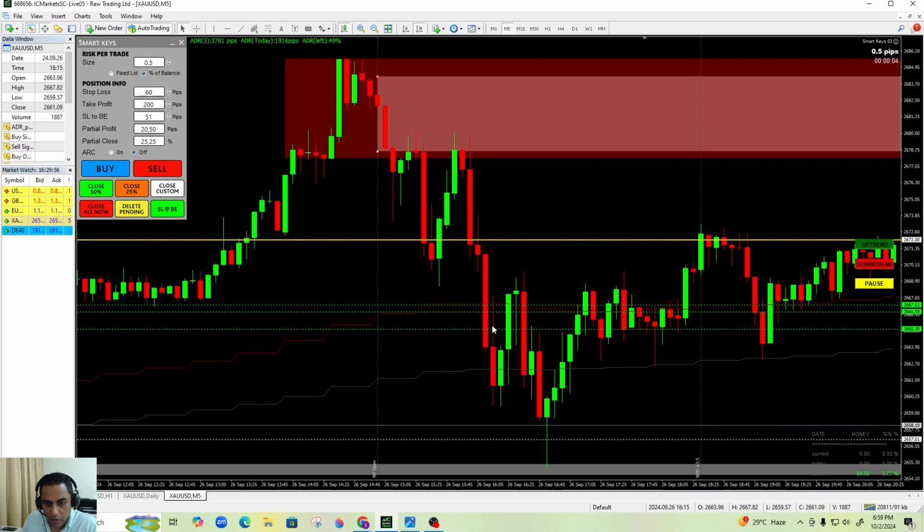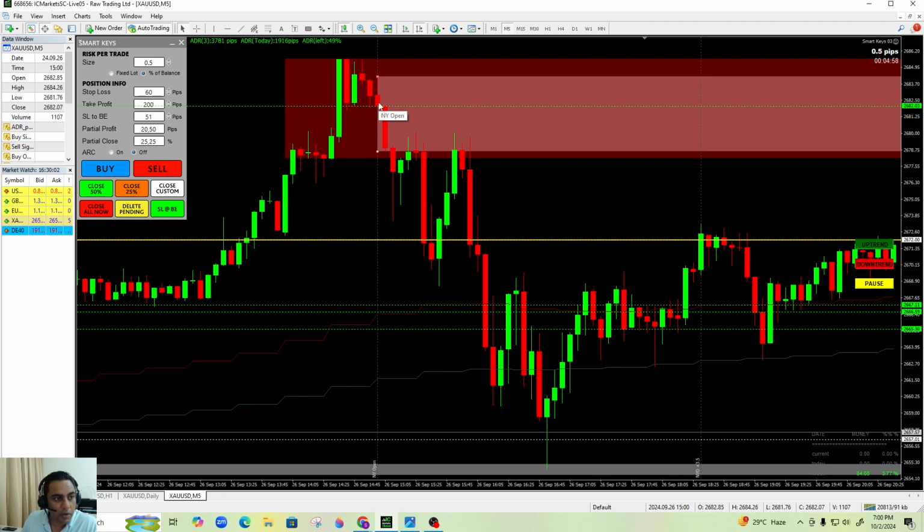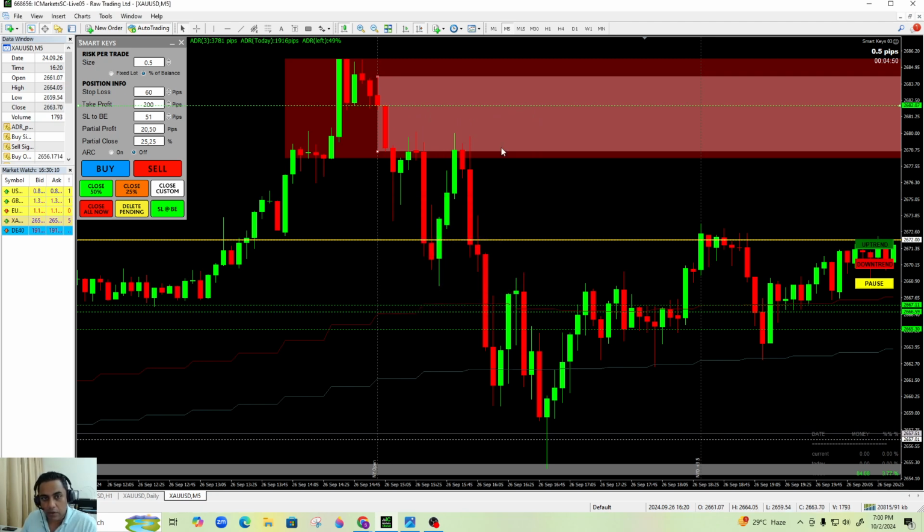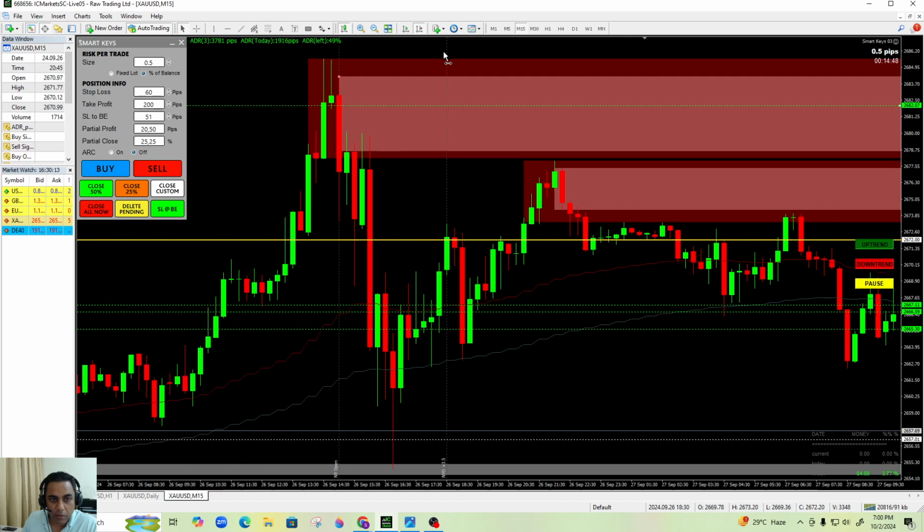Since we're here, that's a zone right there. Rally base drop. Go to the 15-minute. What does it look like?